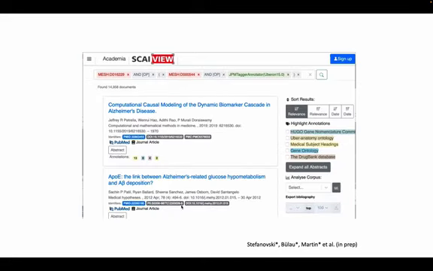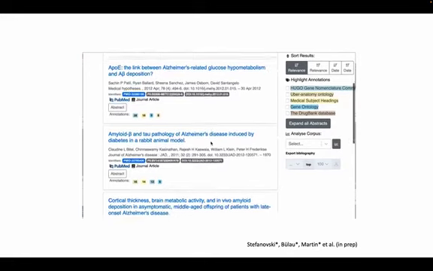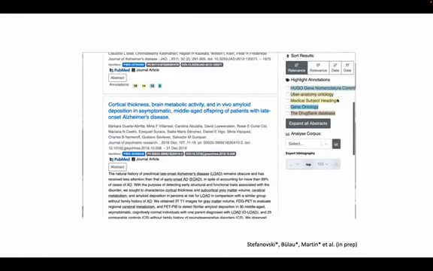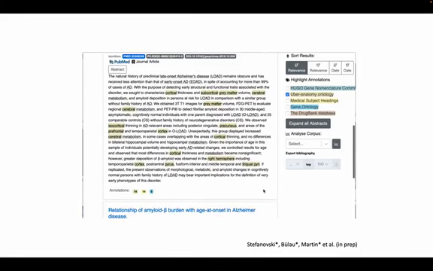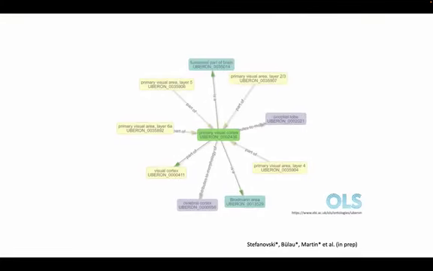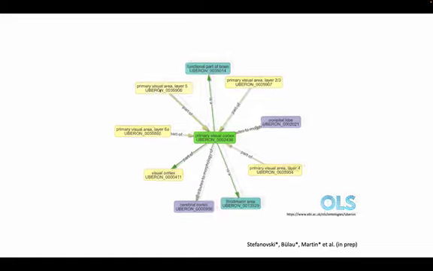For example, genes were marked as genes, and chemical compounds were marked as compounds, biological pathways, and also anatomical terms. So we can measure how often an anatomical term is mentioned in a particular context. And this allows us to extract statistics about the appearance of these anatomical terms for a particular search query, as for example for Alzheimer's disease. And we can find where Alzheimer's disease is associated with in the brain by extracting and interpreting these statistics.